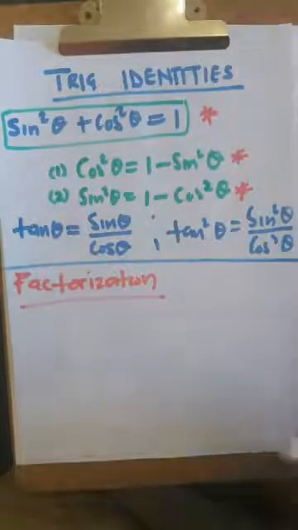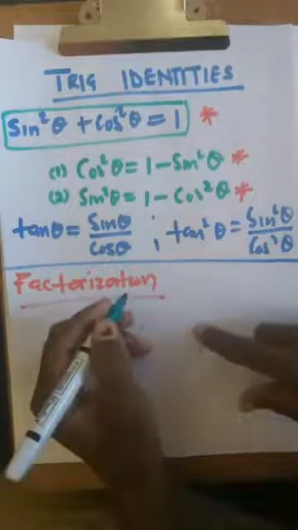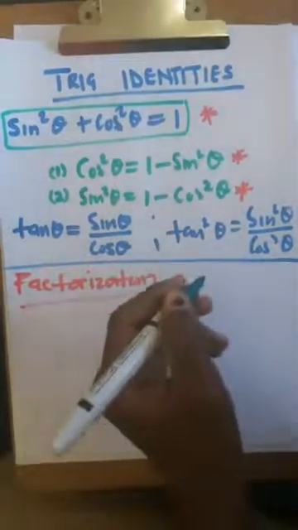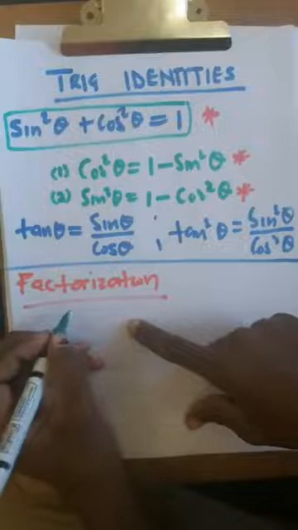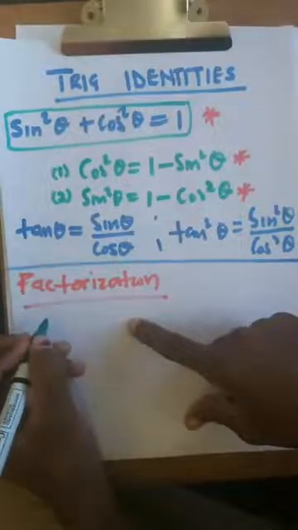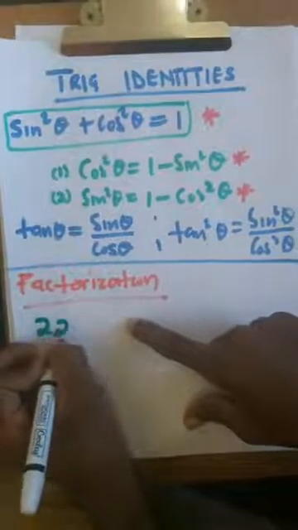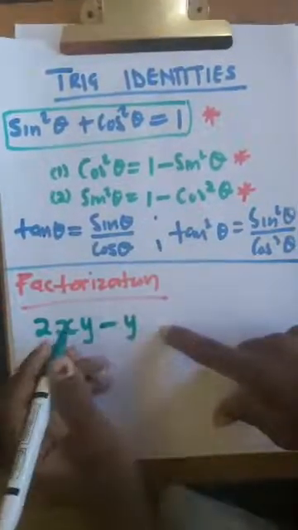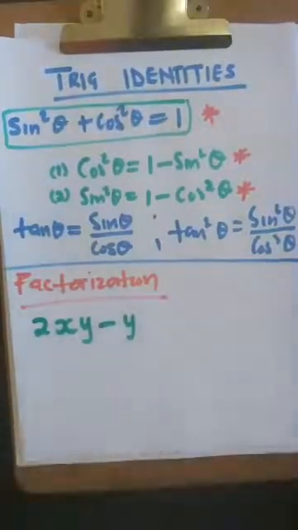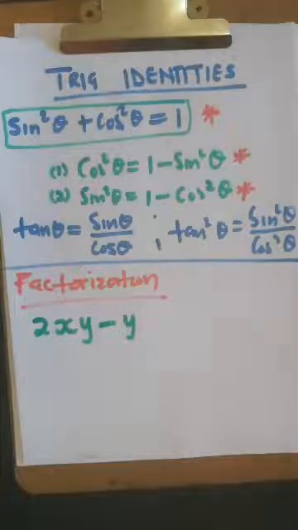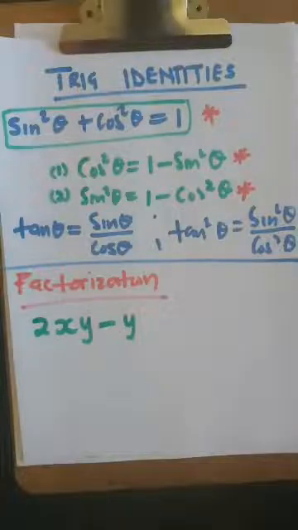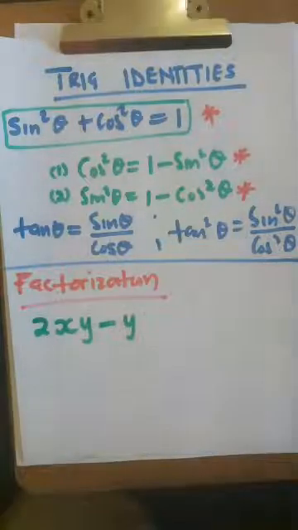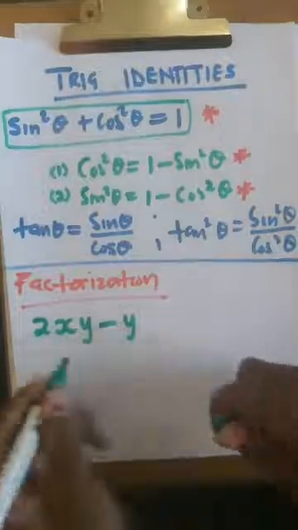For example, if we have 2xy minus y, when I factorize this, what is common?